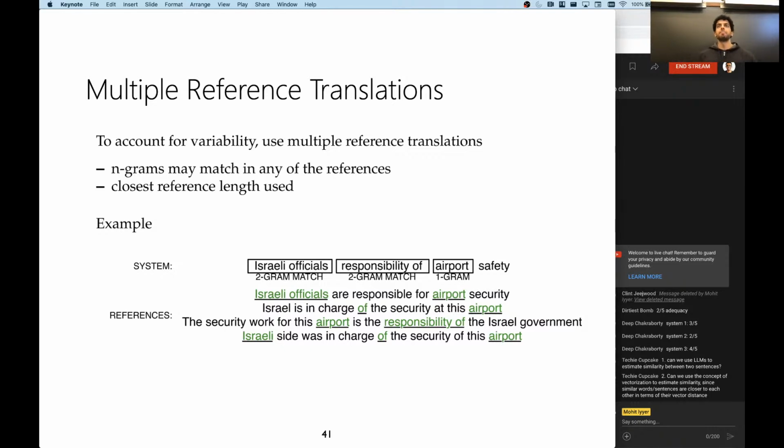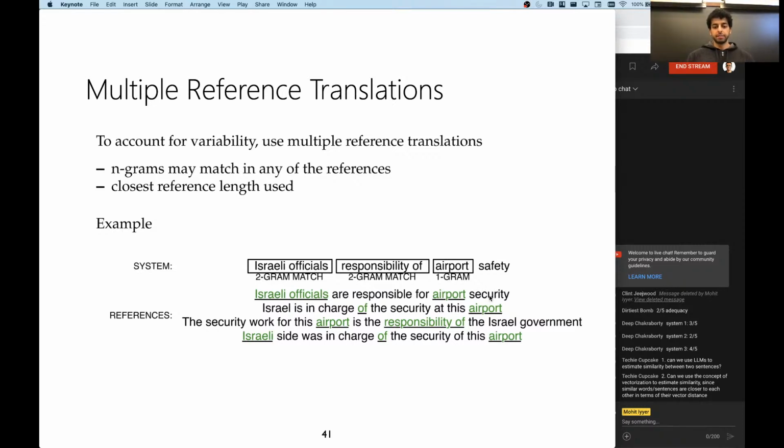So a natural question you might have at this point is, why are we not incorporating the recall into this computation? The reason is because in an ideal case, we don't just have one reference translation, but we have multiple reference translations. So here, I might have these 4 different translations, each written by a human.